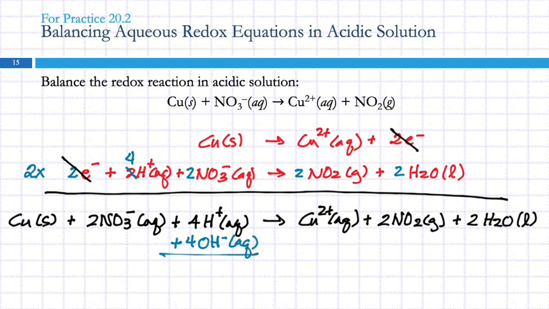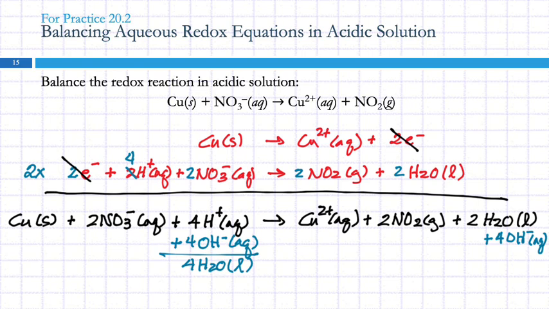And so those are going to turn into 4 H2Os, right? And then I also have to add 4 hydroxides to that side to not mess up the balance.